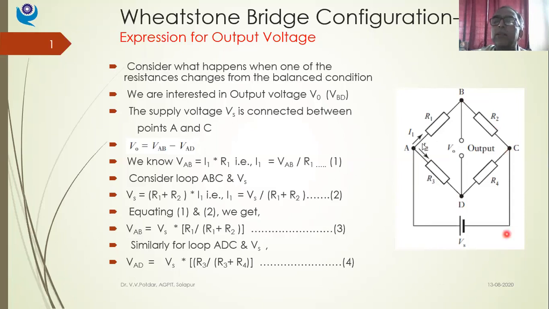Don't draw R3 and R4, and don't draw V0. Draw only I1, R1, R2, and then VS. So consider loop A, B, C, and VS.